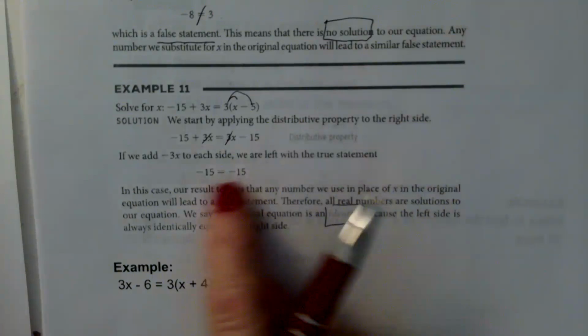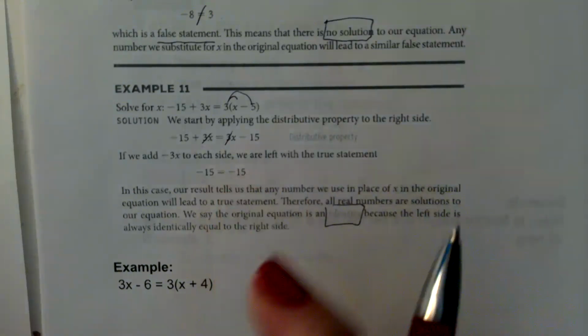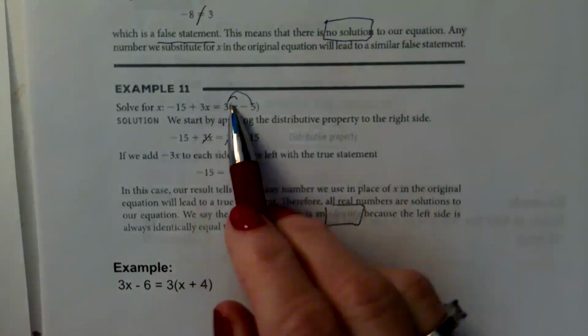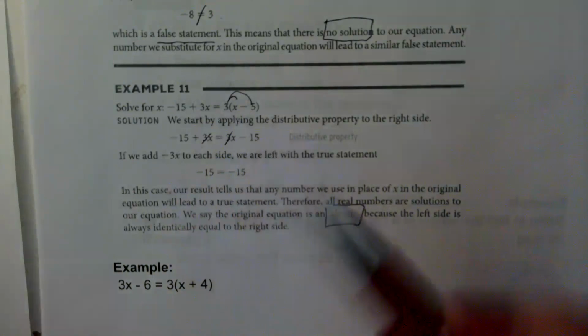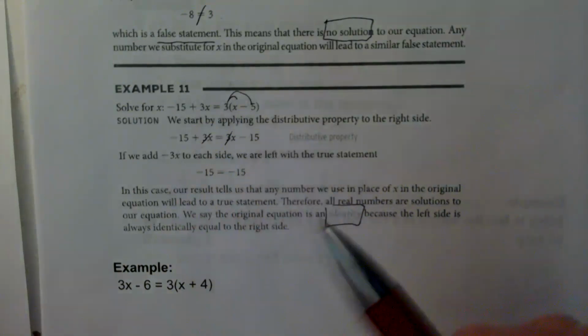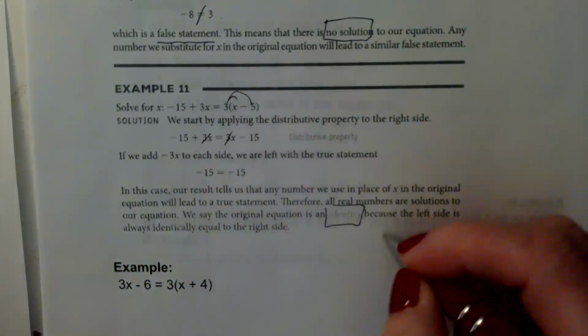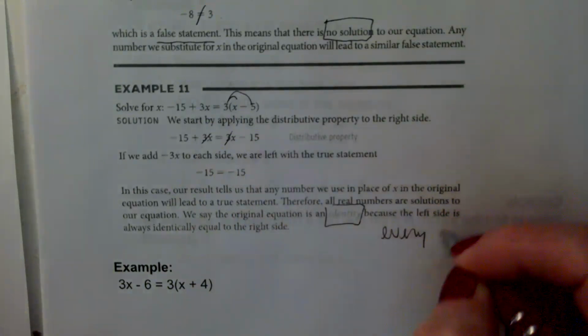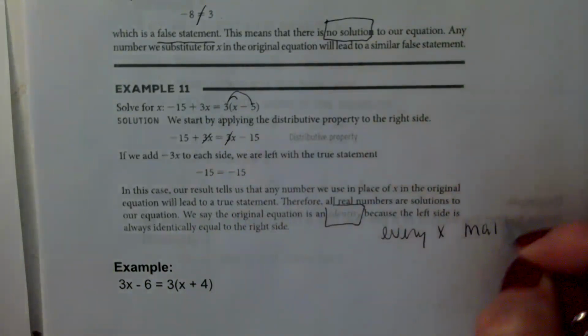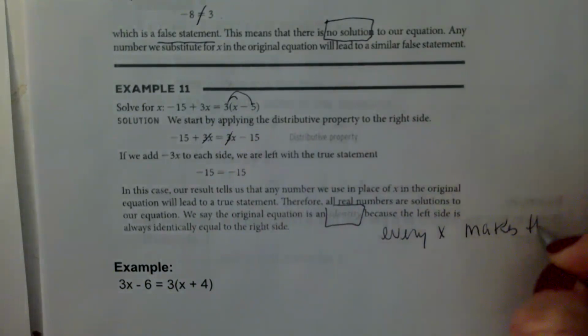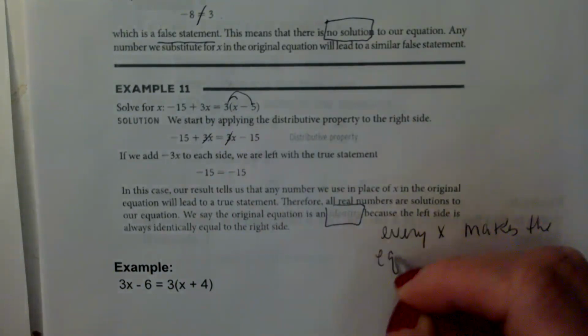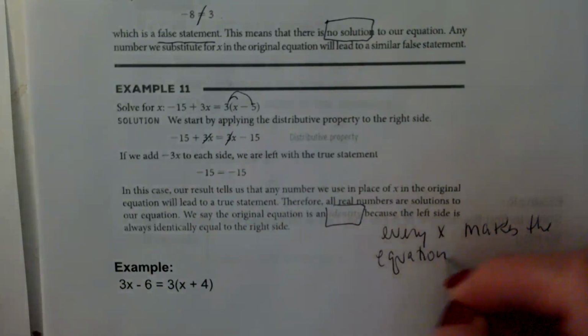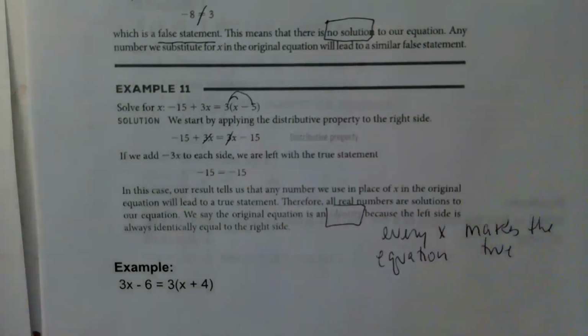When there's no variables left, that means any number that we put in for x into the original equation will equal. So that means every x is true. It's an identity. Every x makes the equation true. So let's look at a couple examples here.